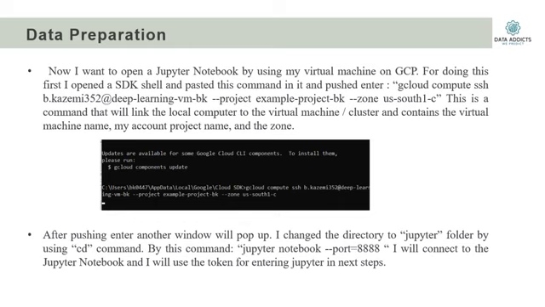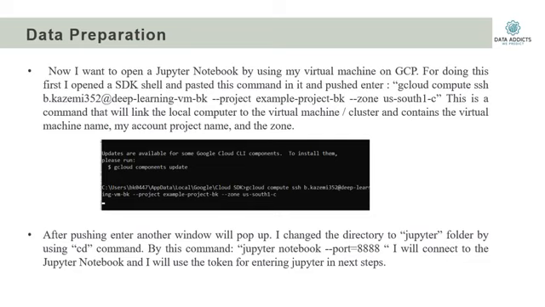We know that we are going to use a Jupyter notebook, but we need to use that Jupyter notebook on our virtual machine on GCP. If we want to do this, first we need to open an SDK shell, and by using this command that you can see between the quotation marks, when we run the command and push enter, we will make a link between the local computer and our virtual machine or cluster.